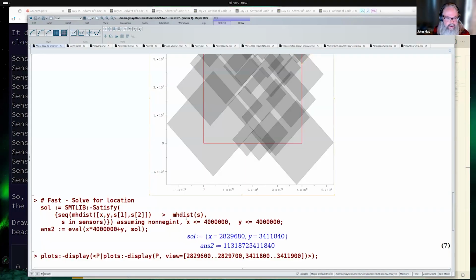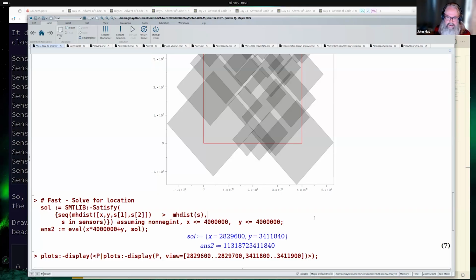So that's the Manhattan distance to the closest beacon, and we have an unknown beacon whose Manhattan distance from the scanner we want to be greater than the closest one. And we're going to do that for every scanner, and we're going to assume that it's a non-negative integer, and that it's less than 4 million.